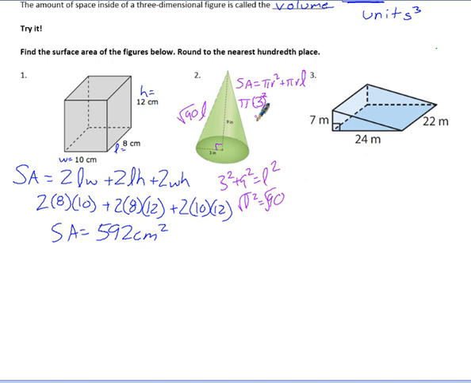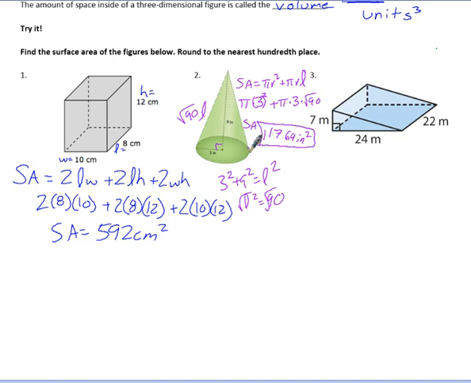Remember, order of operations: square the radius. Don't multiply by pi first and then square. And then we have pi times the radius times the square root of 90, our slant height. When we add all of that together, we should get a total surface area of 117.64 inches squared. So that's our surface area there.